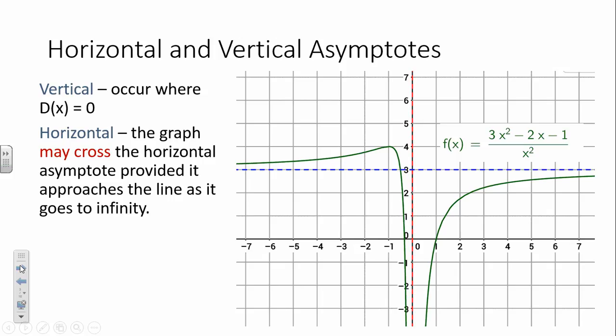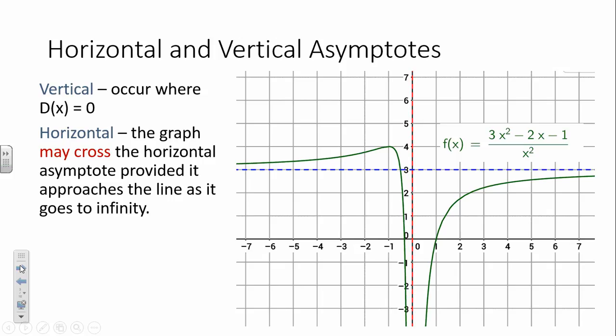So vertical asymptotes will never be crossed. It is possible to cross a horizontal asymptote as long as we approach negative infinity, we're approaching that line, and as we approach positive infinity, we're also approaching that horizontal line. So there's always some rule breaker.